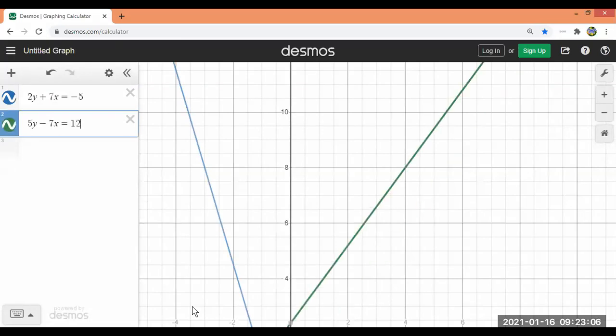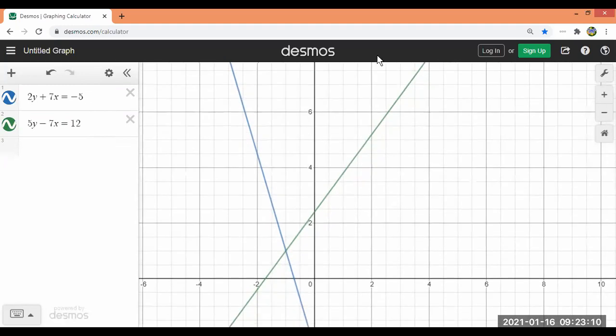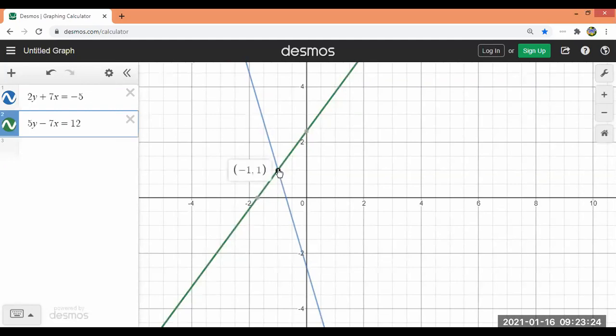This was the second equation. Now if you look at these two graphs, they meet at a point, and this point is our solution. So two lines intersect at a point, and the point of intersection is our solution. Students, can you see, we got the same solution, minus 1 comma 1. This is how it looks on a graphing calculator.